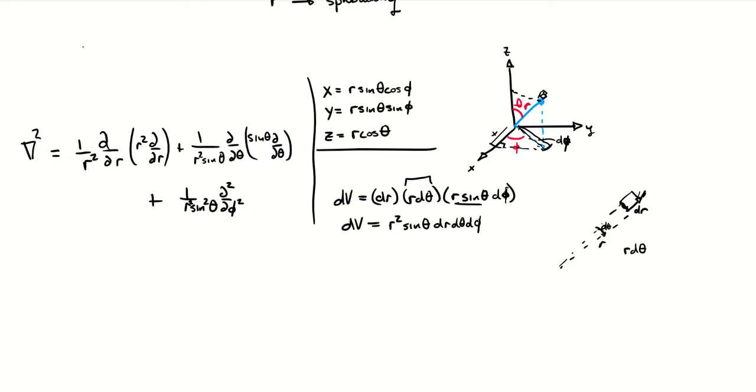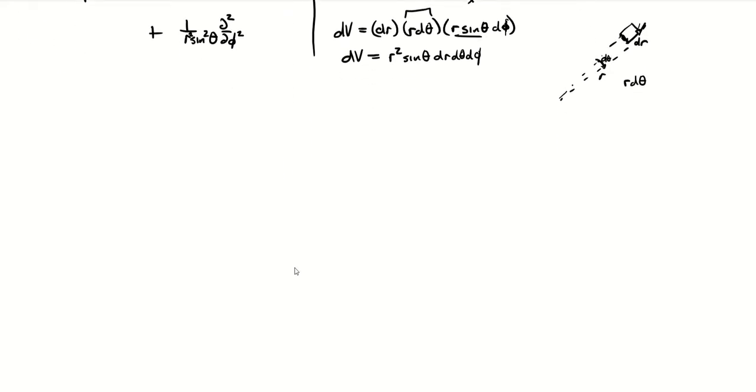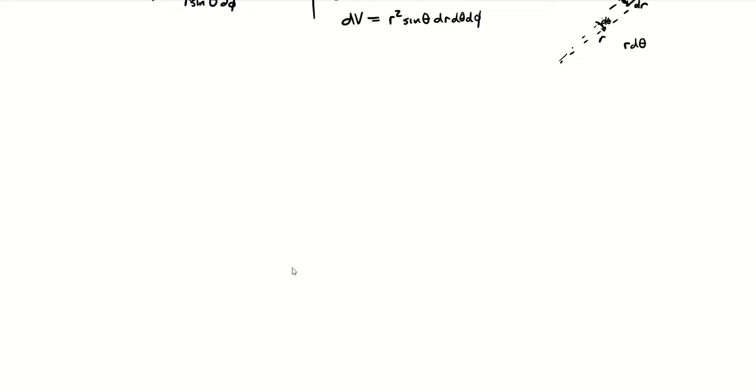But yeah, with those squares, we have the Laplacian. Plugging that into our Hamiltonian, we get the energy eigenvalue equation for our system as being negative ħ squared over 2 times that effective mass, all times.